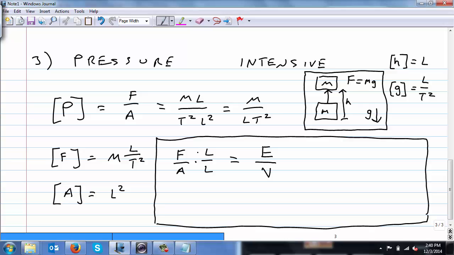So hopefully we've kind of dug to the bottom over here and found out that pressure is energy per unit volume.